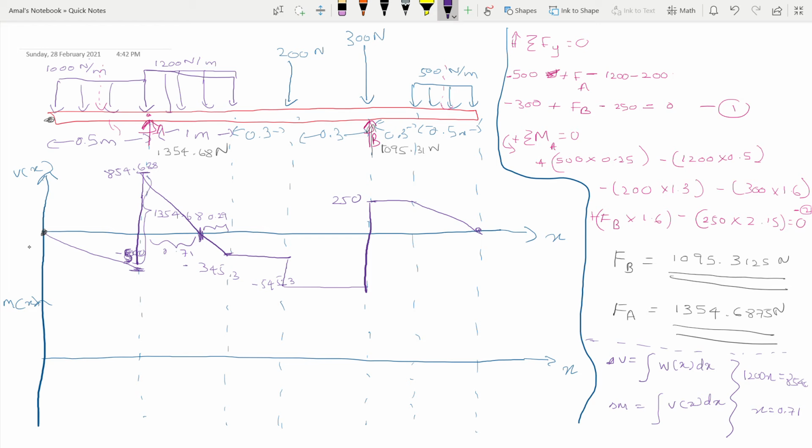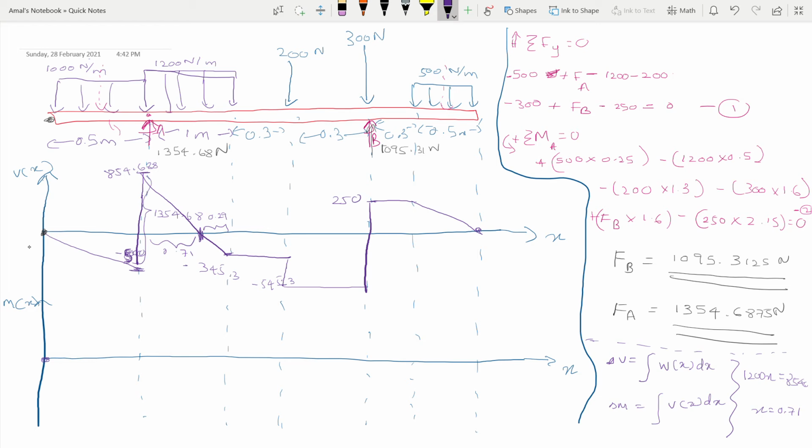Okay, let's draw the moment diagram for this one. The change in moment is the integral of the shear force diagram. So easy. What is the moment at the left hand end? 0. So I'll start with 0. Okay, so in the first portion we have negative values, but the negativity increases. So how do we draw that as a slope?